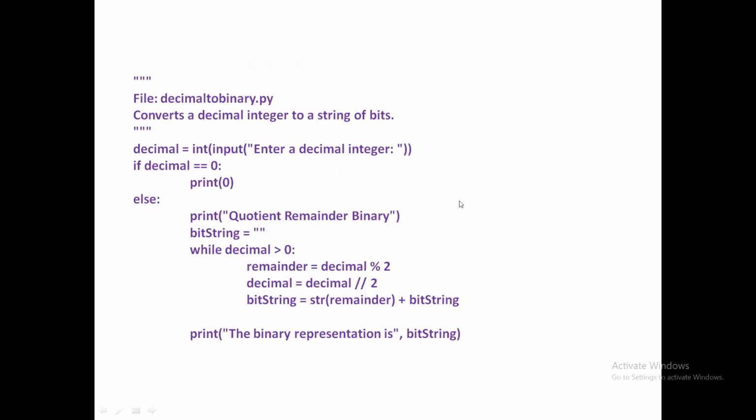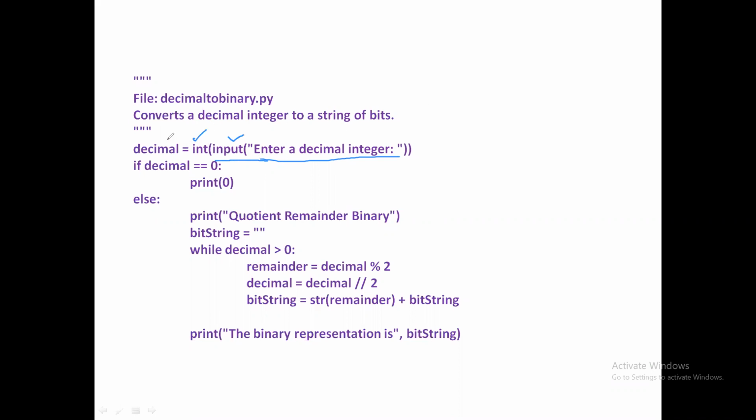So this algorithm converts a given decimal number into a binary number. Initially, I am asking the user to enter a decimal number. By looking into this message, the user enters a number, but unfortunately the input function takes it as a string. We need to convert it into an integer by using this typecasting int of.